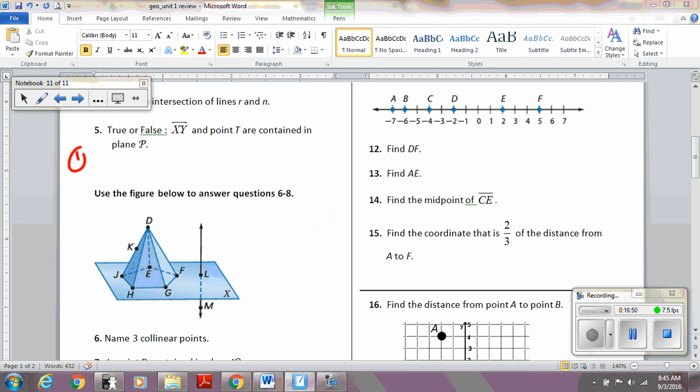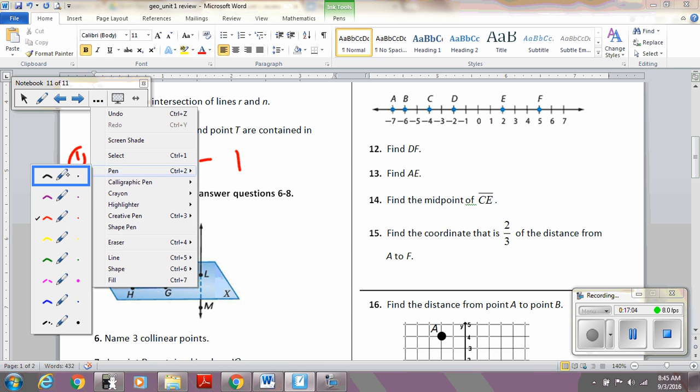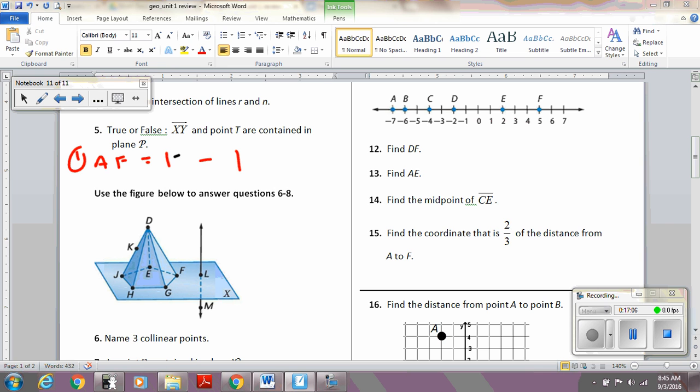So the first step is to find the total distance from A to F. So let's find the distance from A to F. Again, distance formula is the absolute value with the minus. And then insert your points. A is at -7. F is at 5.